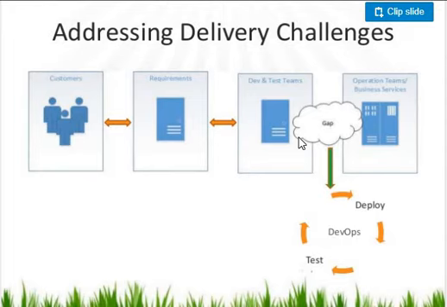So there is a gap in between. Though we have done the testing, it is possible that bugs come in because the environments are different. The servers might change, the infrastructure might change. So there is a gap there.